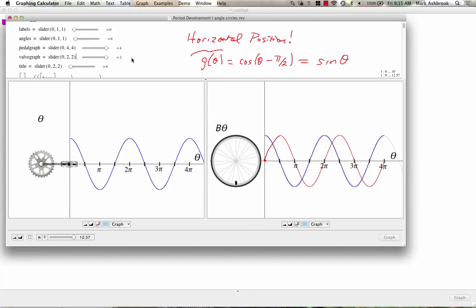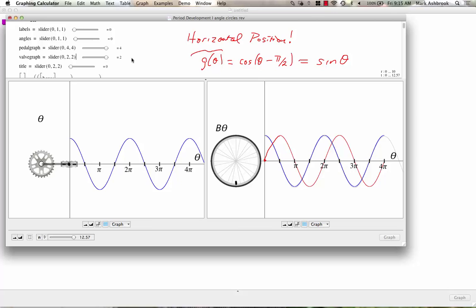Look, so here I'm graphing cosine theta as the blue one, and I'm graphing sine theta as the red one. They're the same graph, they're just off by pi over 2. So we know how to shift horizontally now, and so we can write any cosine graph as a sine graph with the right shift, or the proper shift, and then we can write any sine graph as a cosine with a proper shift.